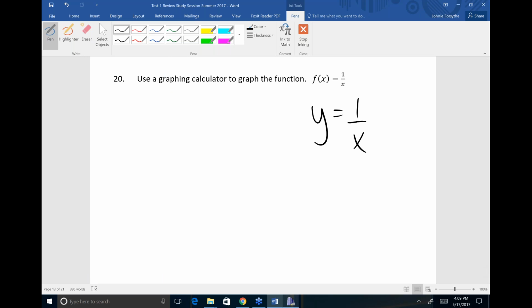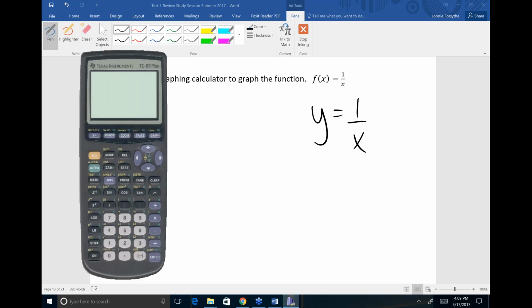To graph a function on the calculator, you want to, of course, turn it on, and then go to y equals. Y equals is where you're going to put your function. So I want to put y equals 1 over x. I'm going to put 1 divided by x, here's your x here. I'm going to say graph.